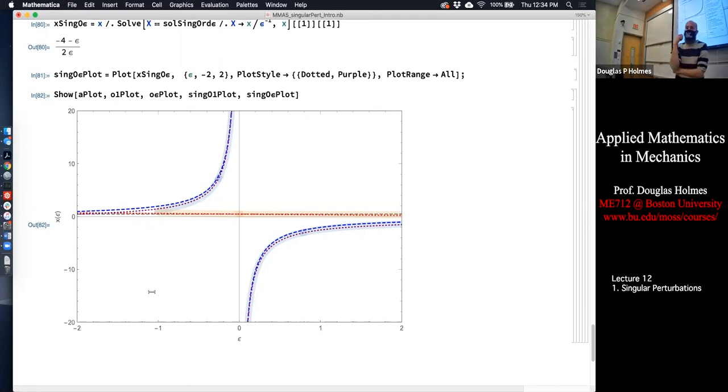So first step is identify it as a singular problem. The number of solutions that you would expect is different than what you end up with. The second step is do a change of variable. Your change of variable always looks like replace your independent variable x with your independent variable x divided by epsilon to some unknown coefficient gamma.